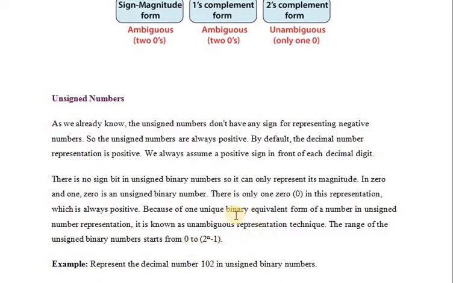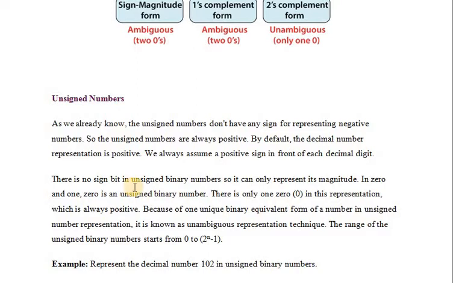We already know that unsigned binary numbers don't have any sign for representing negative numbers. So the unsigned numbers are always positive. By default, the decimal number representation is positive. We always assume a positive sign in front of each digit.